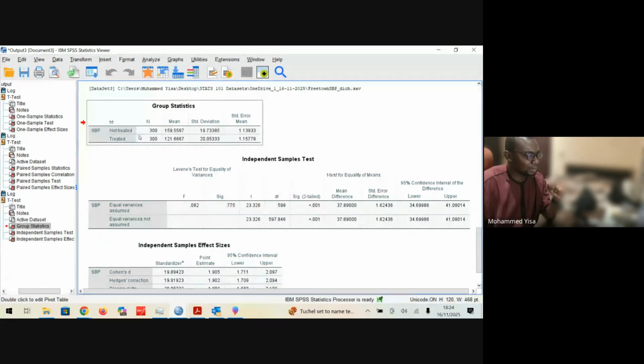At the same time, there are 300 participants who have been treated. The mean blood pressure among those who were not treated is 159. The mean systolic blood pressure for those who were treated is 121 millimeters of mercury.